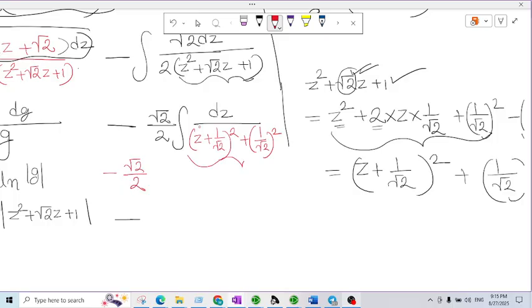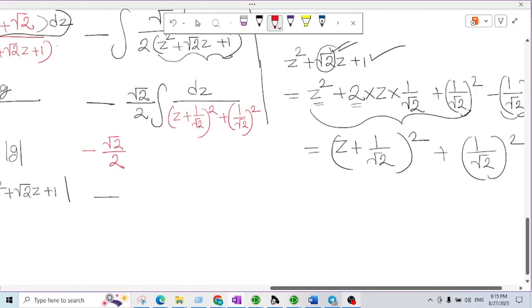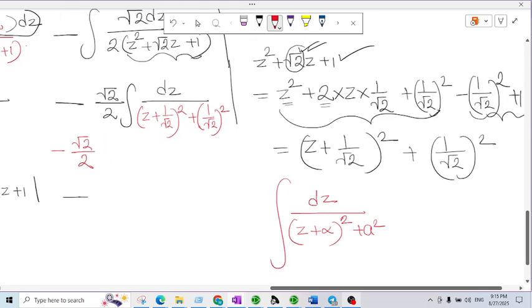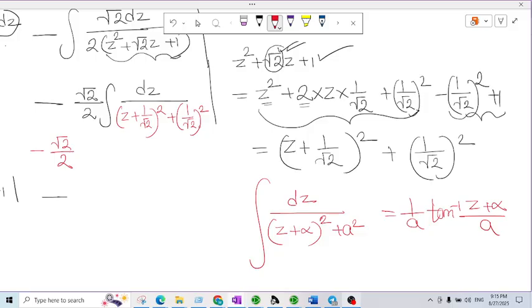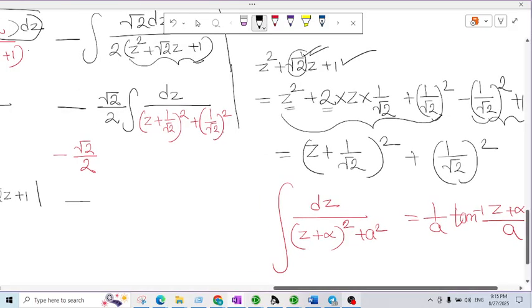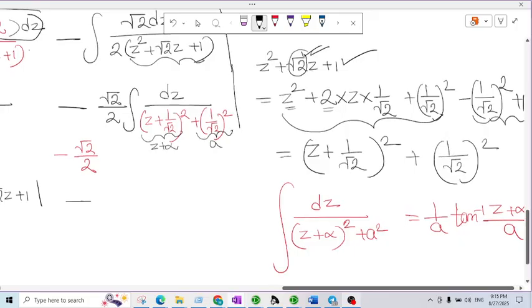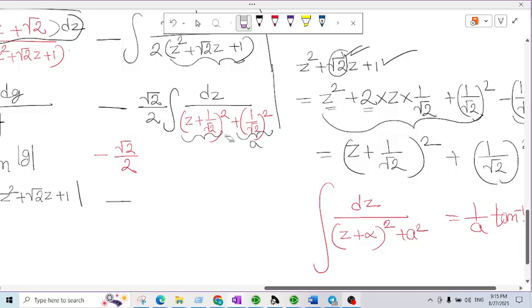I have to use the formula again, and the formula is dz. Again I have said I can write here z plus alpha or z minus alpha, both the equations will be correct. Then I will write here a square, and the formula is 1 by a tan inverse z plus alpha divided by a. So I will choose this thing as z plus alpha, and this thing is simply a. So let me write the formula here.